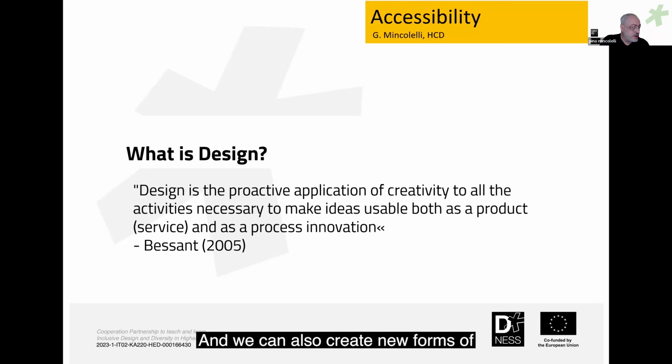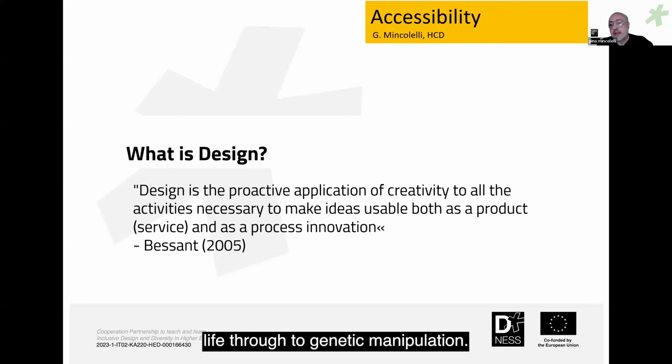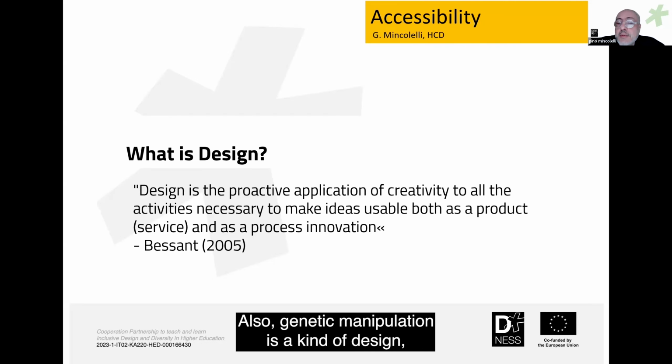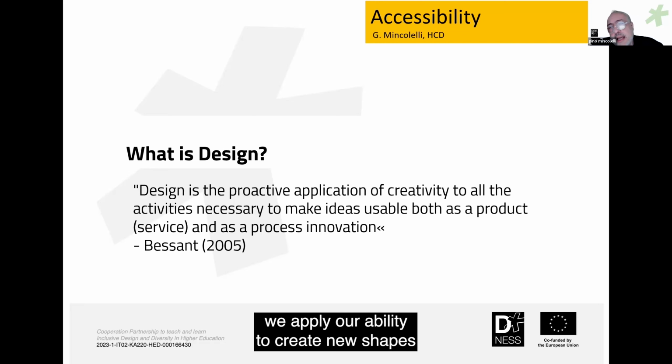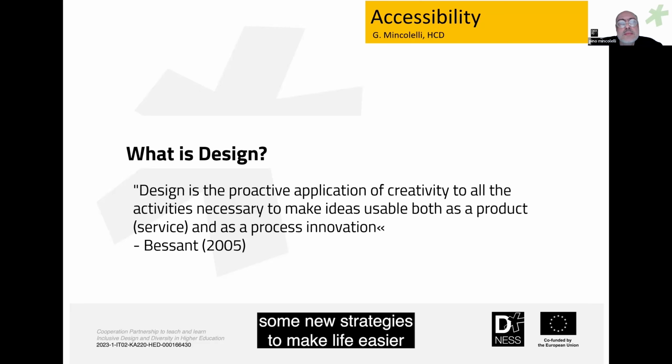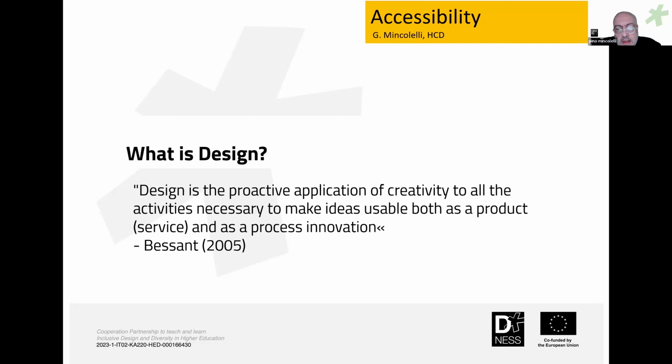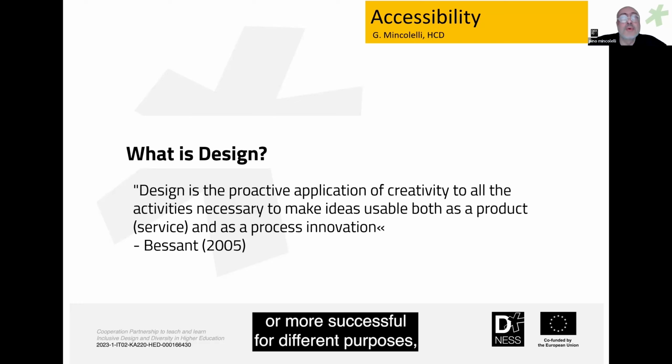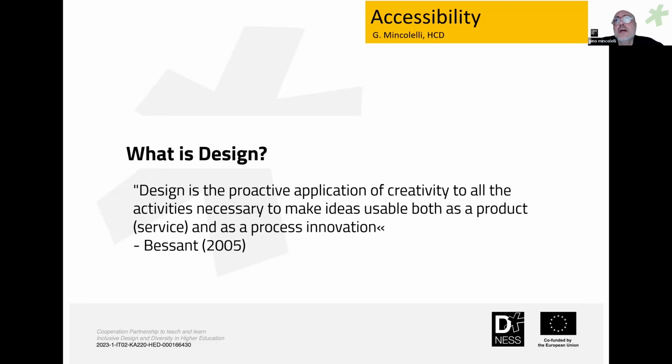At this point, we can also create new forms of life through genetic manipulation. Genetic manipulation is also a kind of design. We apply our ability to create new shapes to make something new, some new strategies to make life easier or more successful for different purposes for other humans.